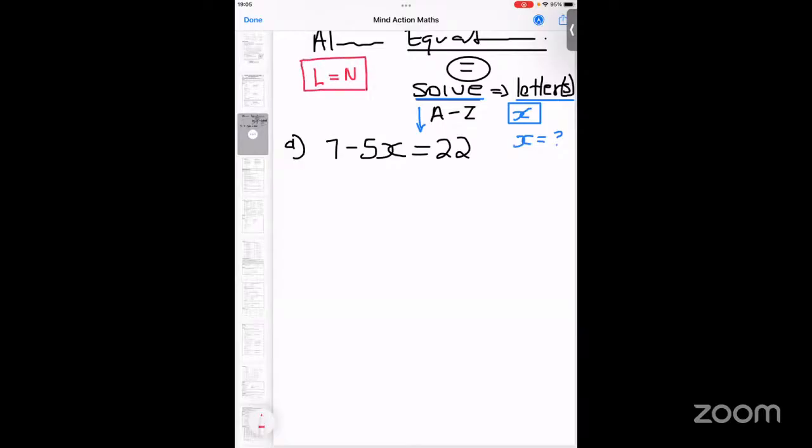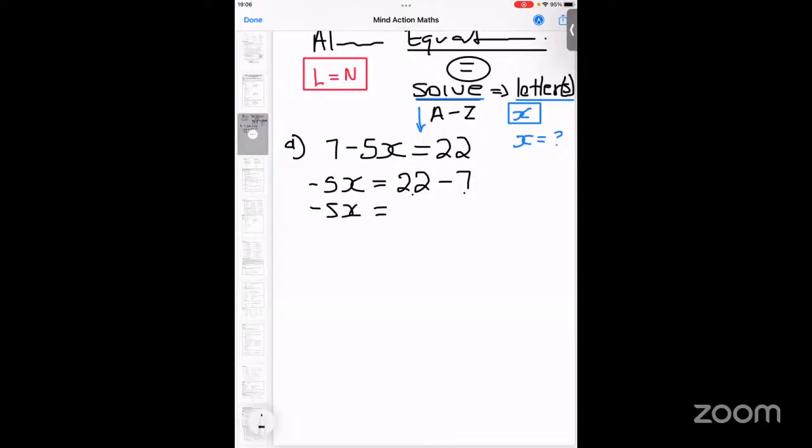So as you solve this problem, honorable members, make sure that you take everything that has letters to the left, everything which is numbers to the right. Meaning, we are going to be having negative 5x, which remains on the left, which equals 22. You take 7 to the other side, it becomes a visitor, it changes sign.